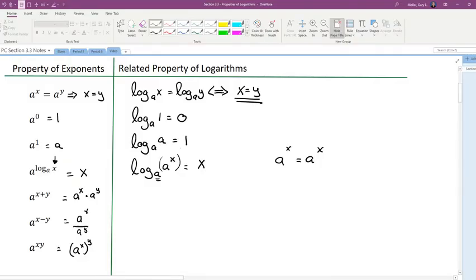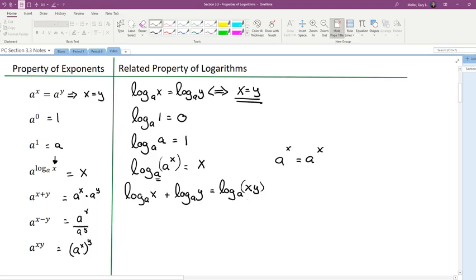All right, and then we have two rules here that are related, and I'm just going to give them to you. If we have a statement of log base a of x plus log base a of y, the rule tells us, and hopefully you remember from last year, that you get log base a of x times y.